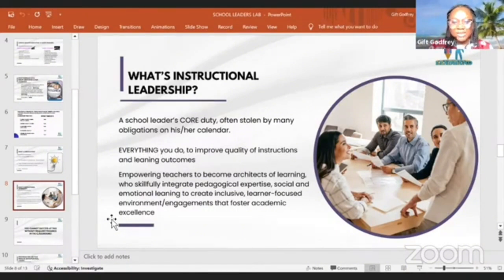I will explain all these things as we tag along, to create an inclusive, learner-focused environment or engagement that fosters academic excellence. Look at that. You are transforming teachers to become architects. They are becoming designers, skillful pedagogical experts. This is what you're doing.